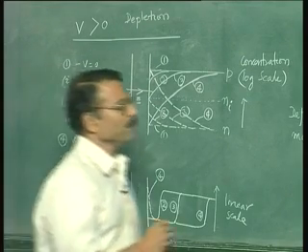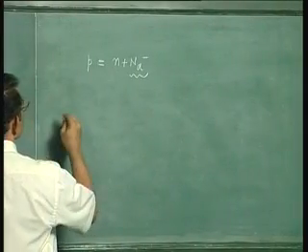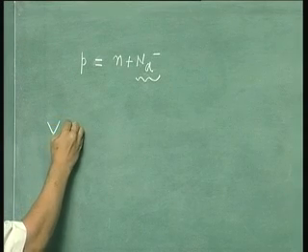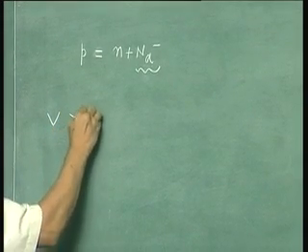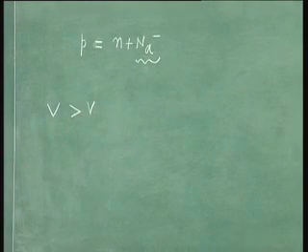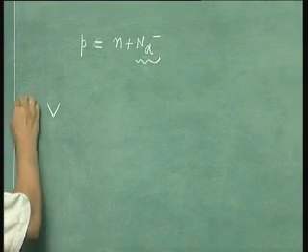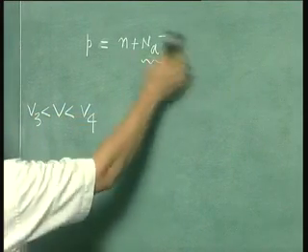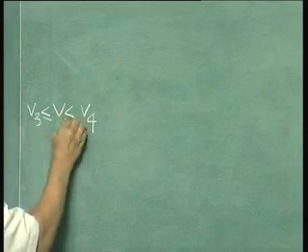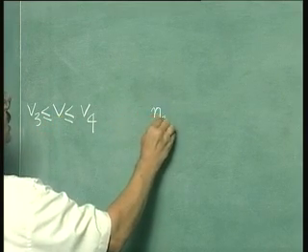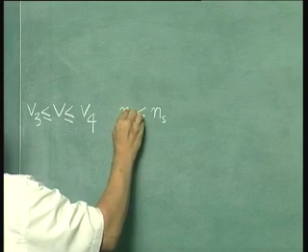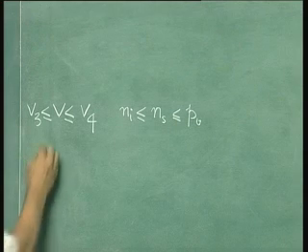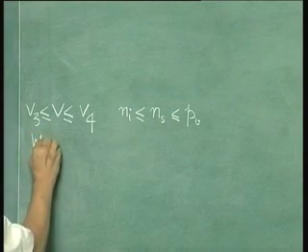So another nomenclature for the inversion region is that for voltage greater than V3 but less than V4, when the electron concentration at the surface is more than Ni or less than P naught, this region is referred to as weak inversion.